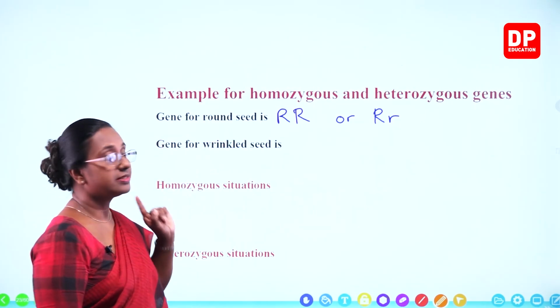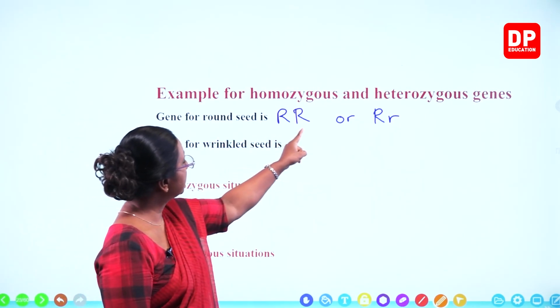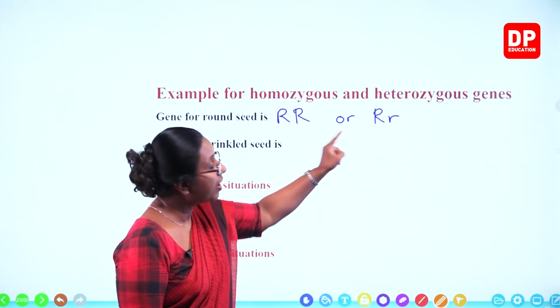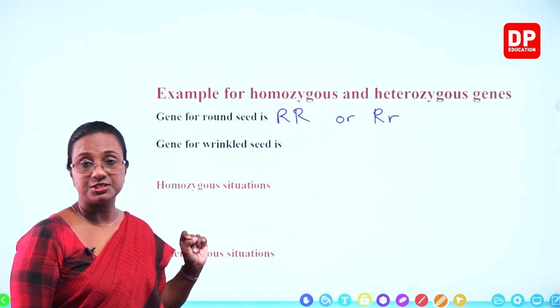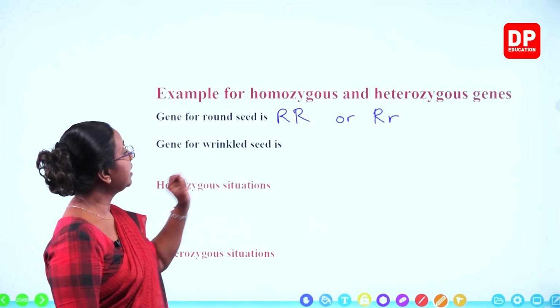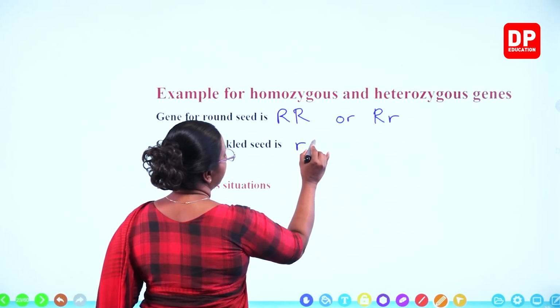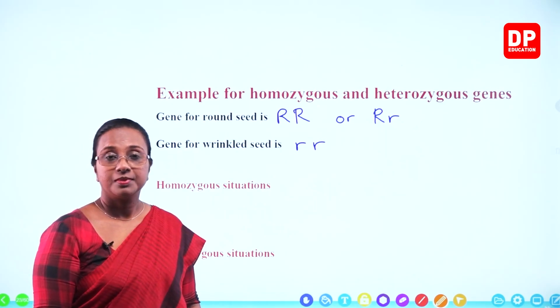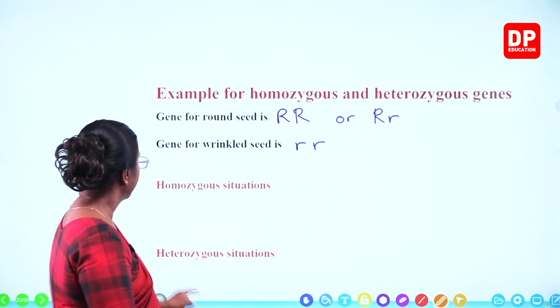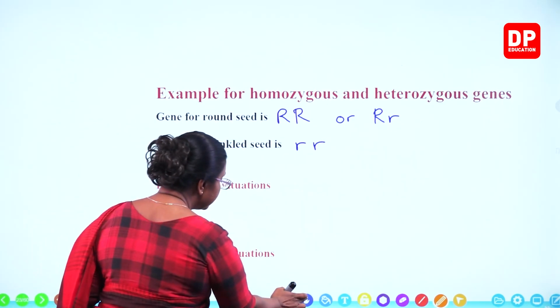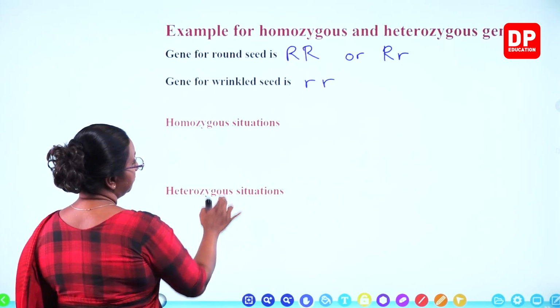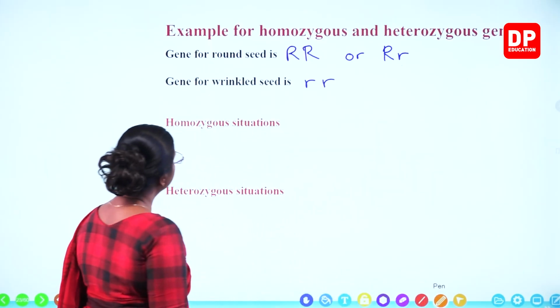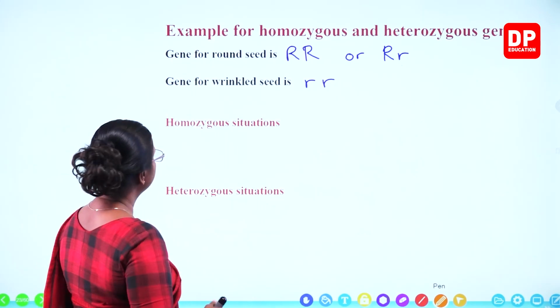Because round seed is the dominant character, it can be the homozygous or heterozygous combination. But the gene for wrinkled seed is only small r, small r. Is that clear, students?